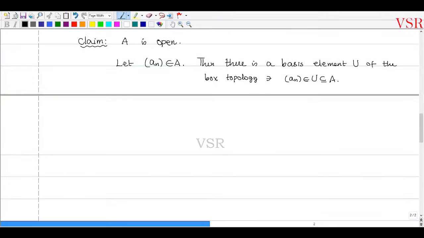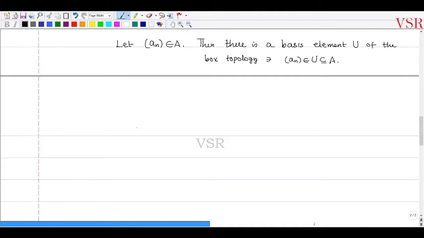Okay, சரி. So given an belongs to capital A, இதுக்கு என்ன அர்த்தம் அப்படின்னா an is a bounded sequence. அப்படின்னா என்ன அர்த்தம்?